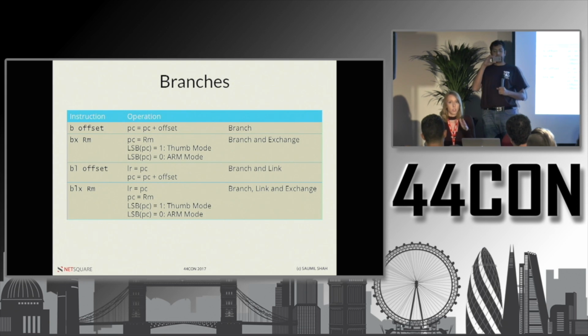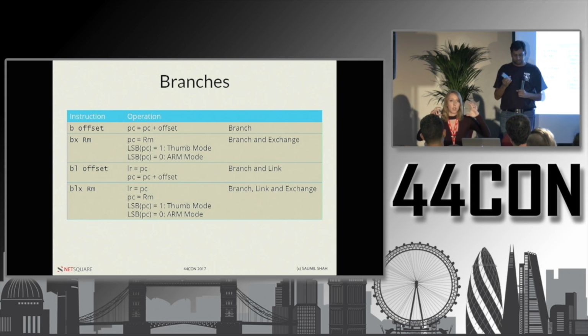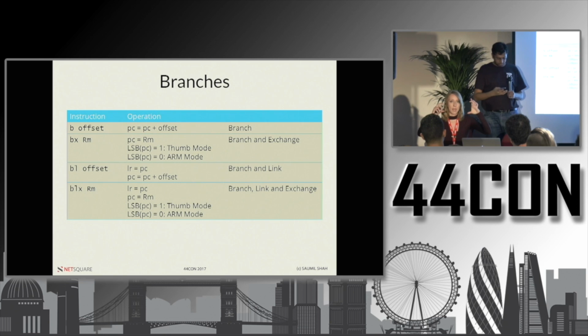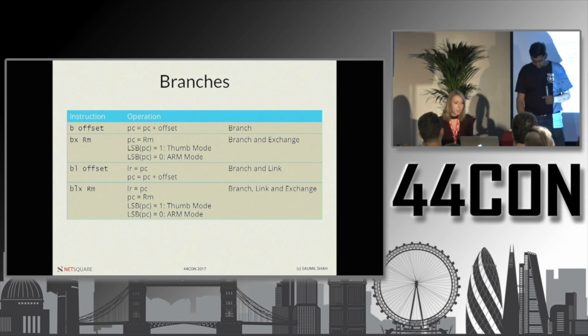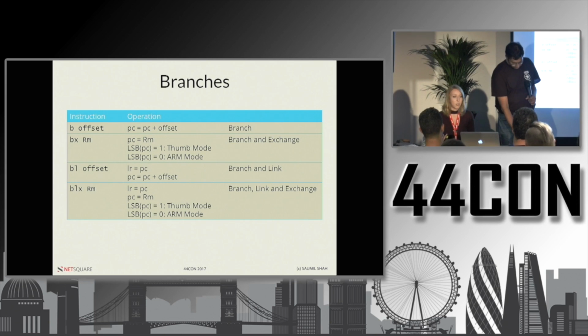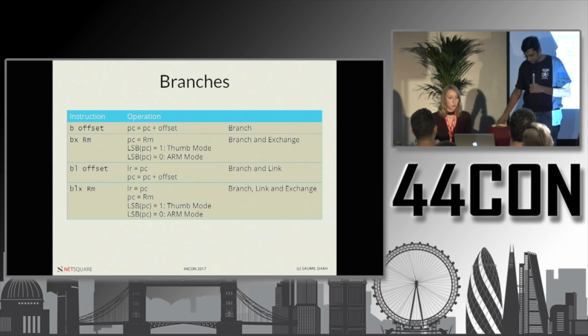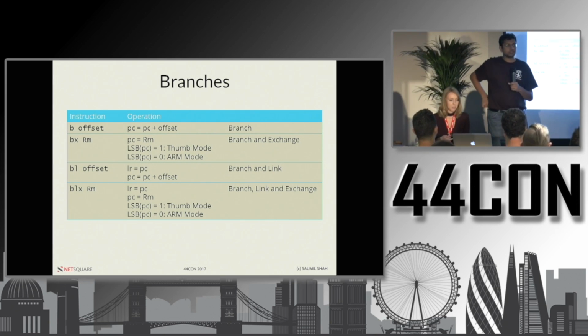Those are two simple instructions to prepare, and then we just branch and exchange, and we are in thumb mode. It will be very trivial. Once you see it, it's very easy. So don't get confused too early.